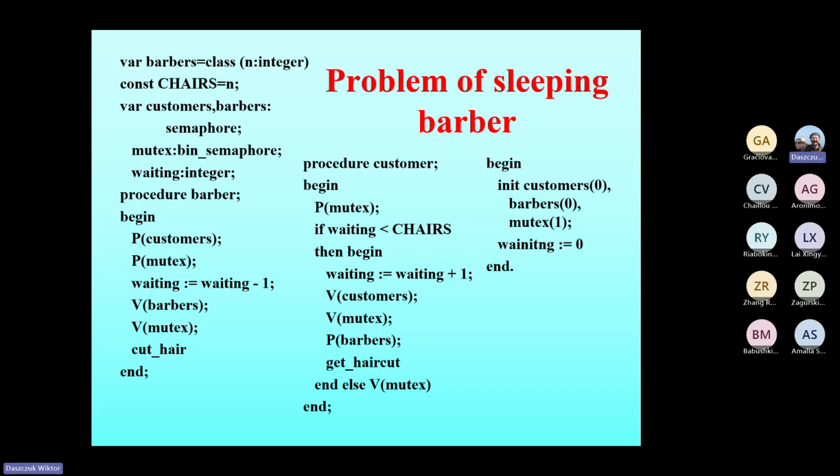They cannot both be greater than 0 at the same time. We cannot have the situation where the barbers wait and customers wait. So either we have barbers waiting for customers, or customers waiting for barbers, or a special case in which nobody waits. There are no customers, no barbers, and both semaphores, customers and barbers, are zero.